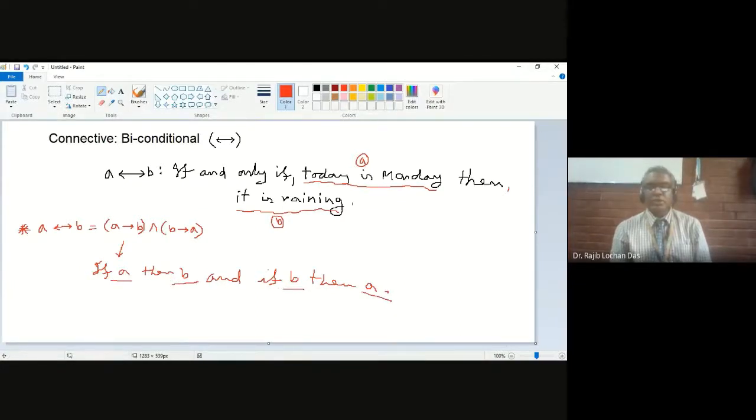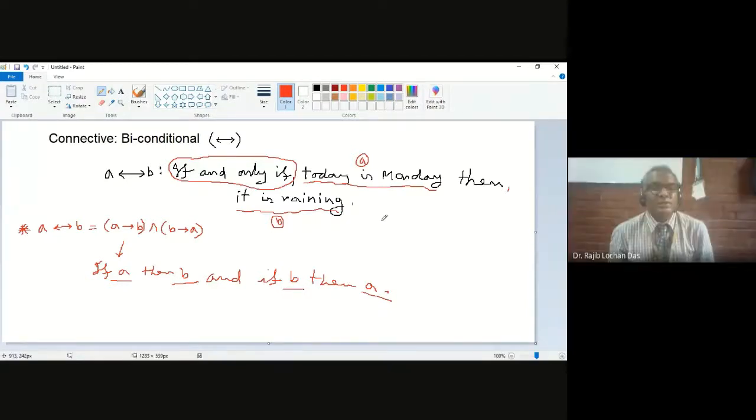So it is not a good idea to write the sentence in this way. There is a little trick you can use: if and only if. If you write if and only if, that means you are using biconditional. Is that okay?